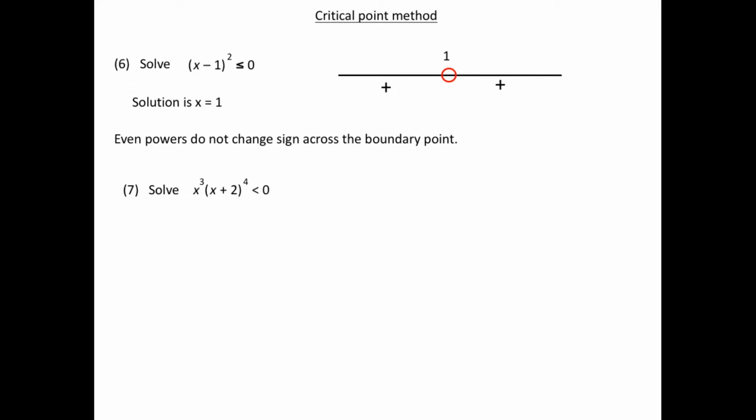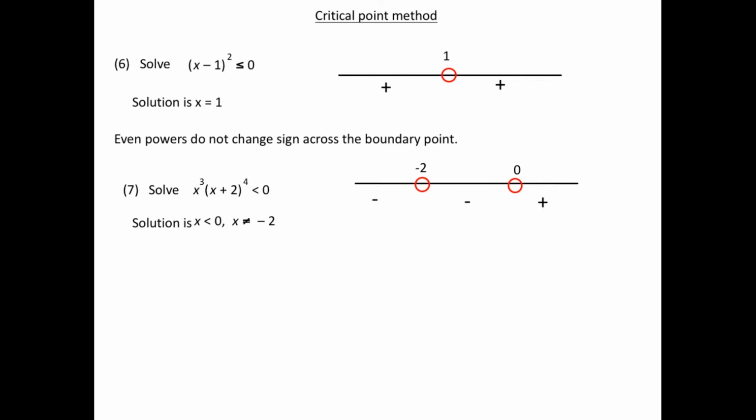We find that the signs also do not change over the critical points. Let's first plot these critical points. When the expression is greater than 0, the value of x must be positive due to the odd power of x cubed. Therefore, the solution is x less than 0. However, x cannot equal minus 2, as the expression will equal 0, and this is not included in the expression.